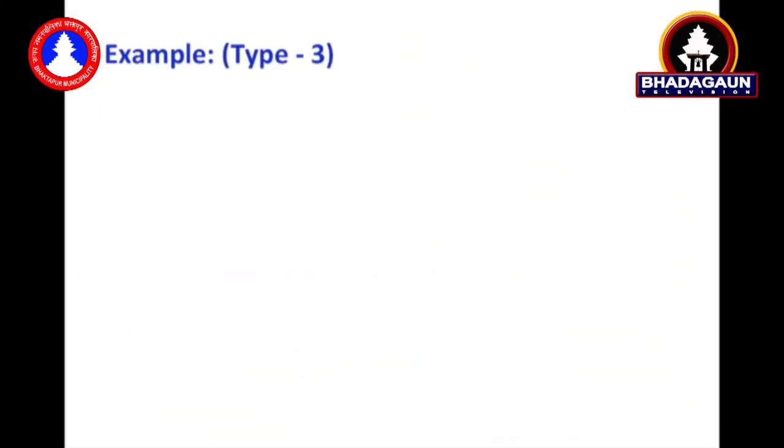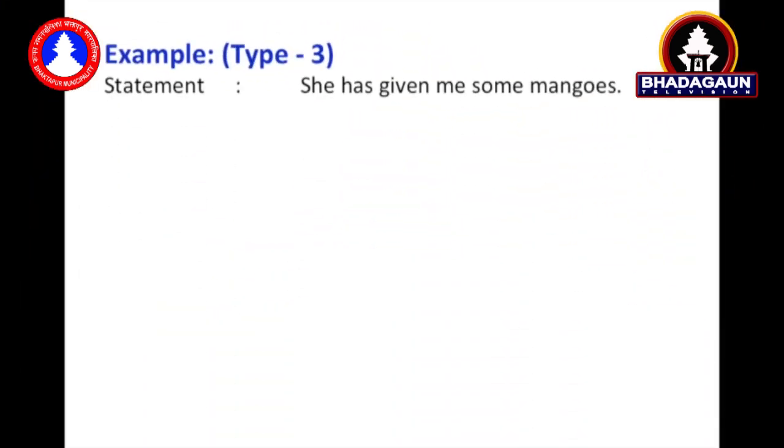Now, example type 3. The statement is: she has given me some mangoes. Before changing a sentence into a negative and a yes-no question, students, first you must be sure whether an auxiliary verb is given in the sentence or not.